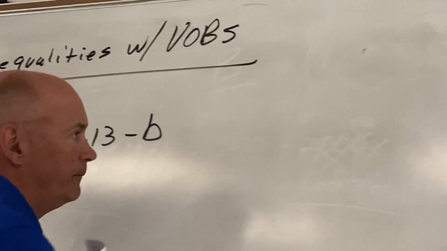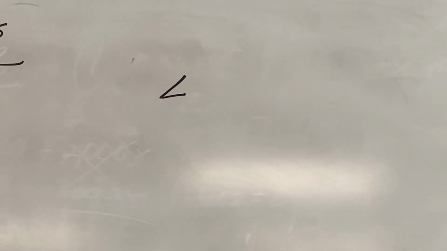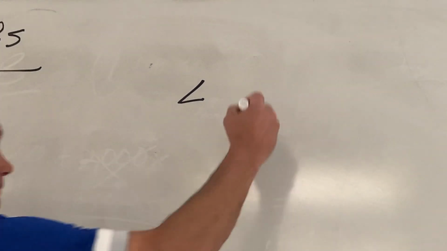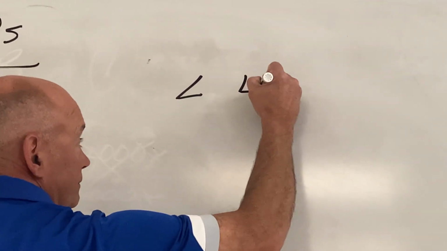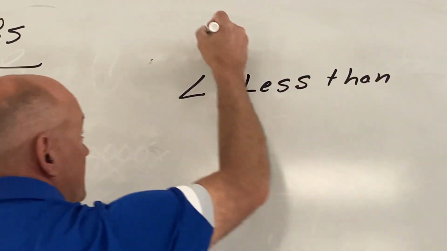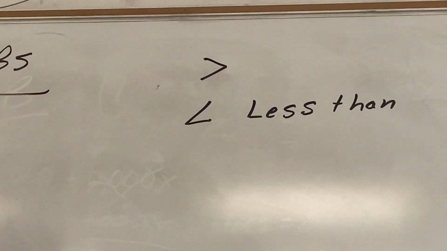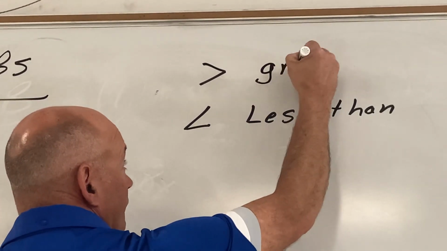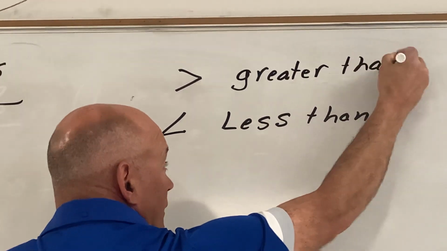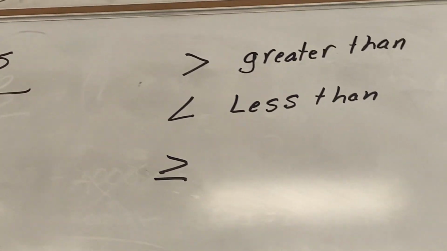Here they are. Write them down. What is this symbol that points to the left? That is less than. What is this symbol that points to the right? Greater than. What is this symbol that points to the right and has a line under it?